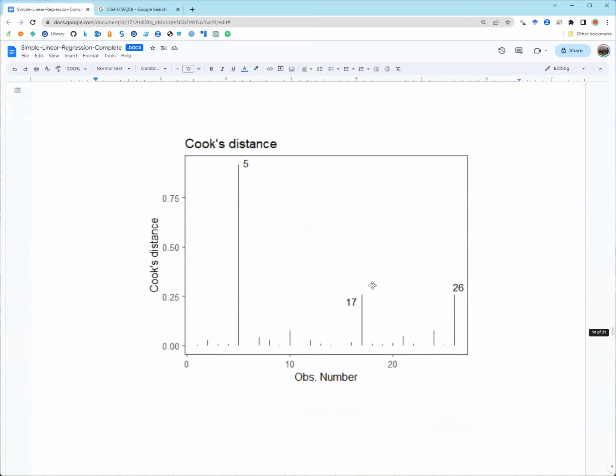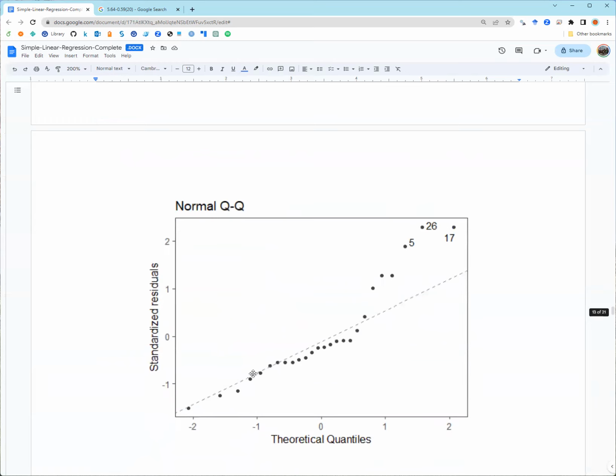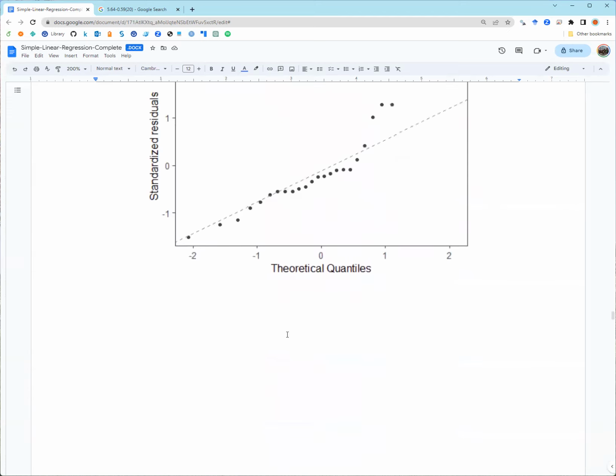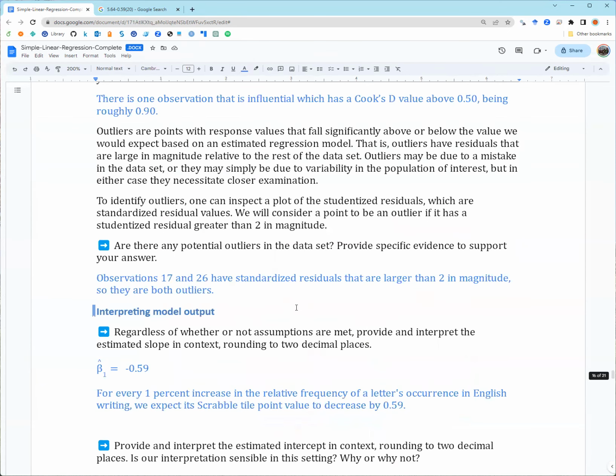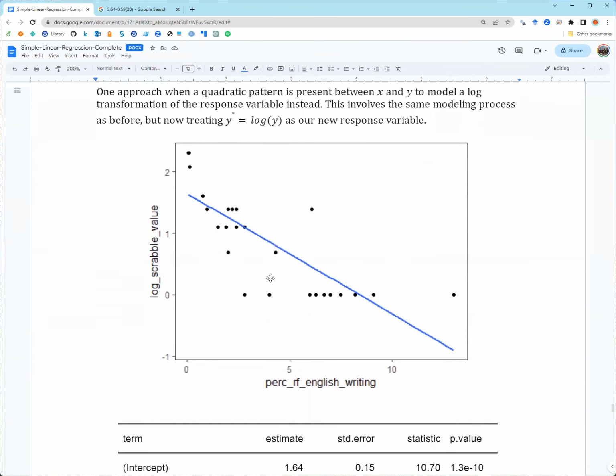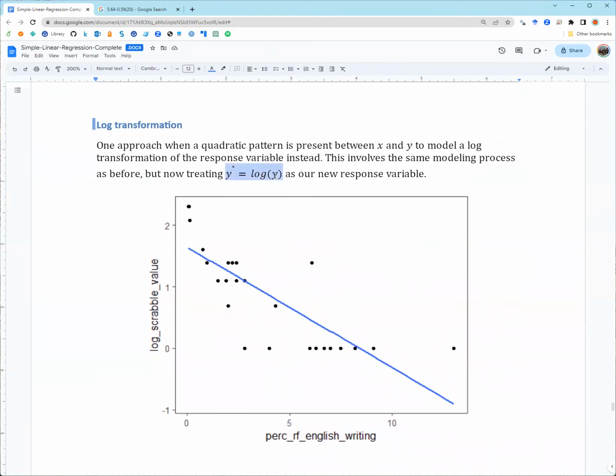So whenever you have an upward bend in the QQ plot like this, it can suggest that you have a right skewness to the residuals. Sometimes when that's the case, it can be helpful to use a log transformation of the response variable y and use that as your response variable instead. This is a common trick that people use in linear regression.